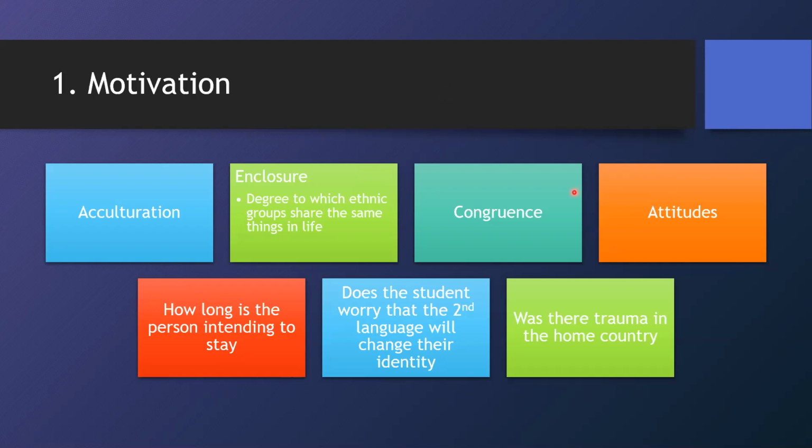All right, so the next thing that your book talks about is the attitudes of the English language learner student group and your dominant group toward one another, which also plays into congruence. So if you come in, and this happened a lot and still happens, the examples that come to mind are Chinese immigrants to California and the rest of the US during the gold rush.